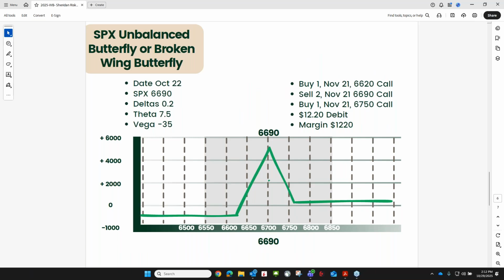When do I do these? Usually when VIX is 17 or lower. Why? If VIX is 17 or lower, 16, 15, 14, what is that telling you? You're having more up days in SPX than down. So the general trend is up.